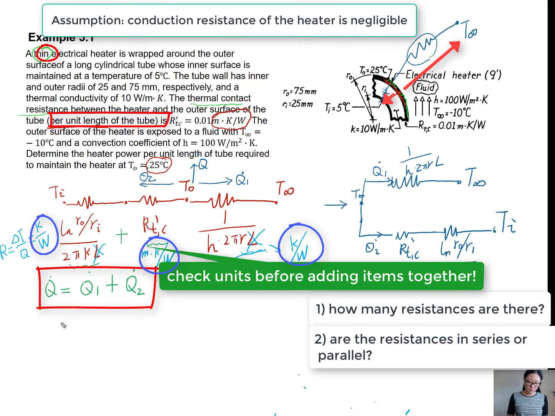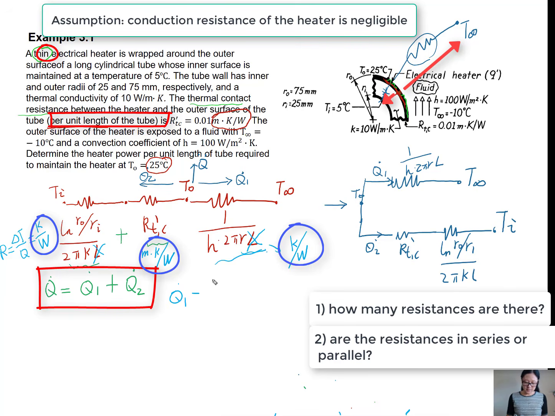So now Q1 is T naught minus Ti divided by R contact resistance plus log Ro over Ri divided by 2 pi k.